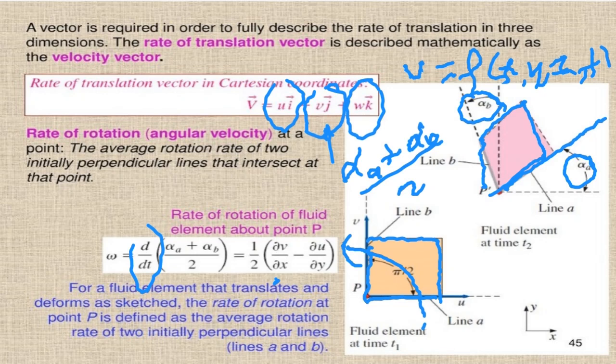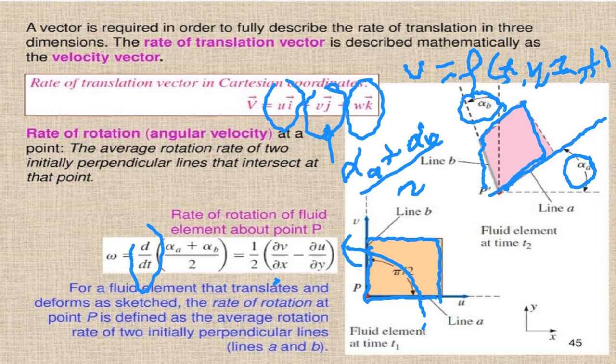So the rotational velocity or angular velocity of a fluid particle is given as 1 over 2 times dv over dx, the partial derivative of v velocity with respect to x, minus du over dy.